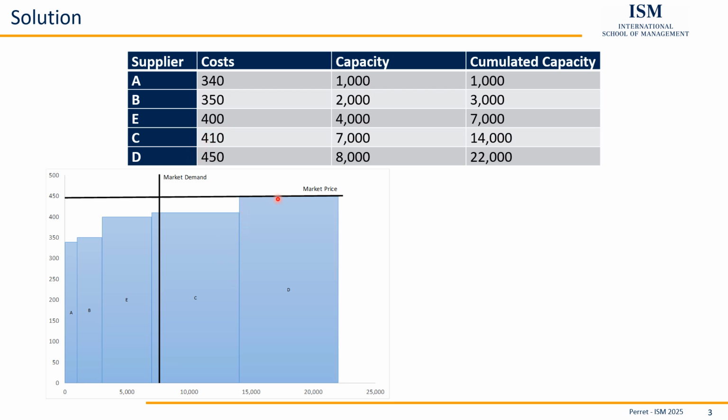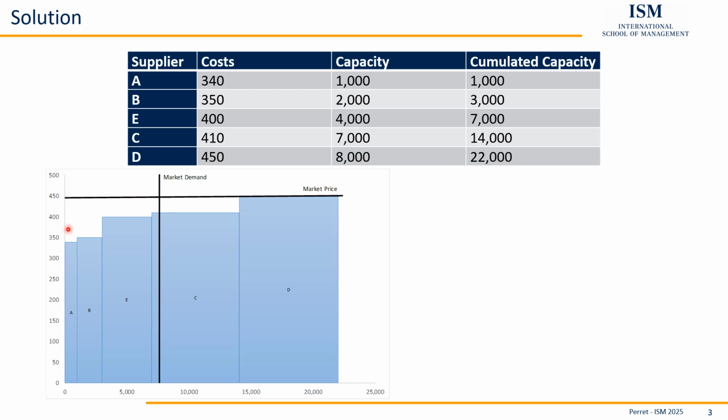So this guy here in the back, the D, does not become active in the market because he's first off too expensive to be considered, and we do not need the quantity he would supply to the market because the first 4 already suffice.